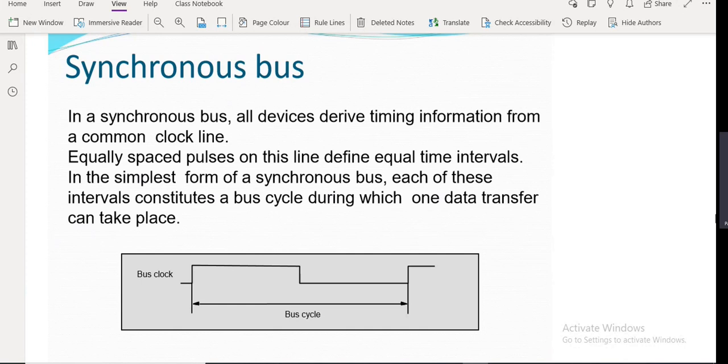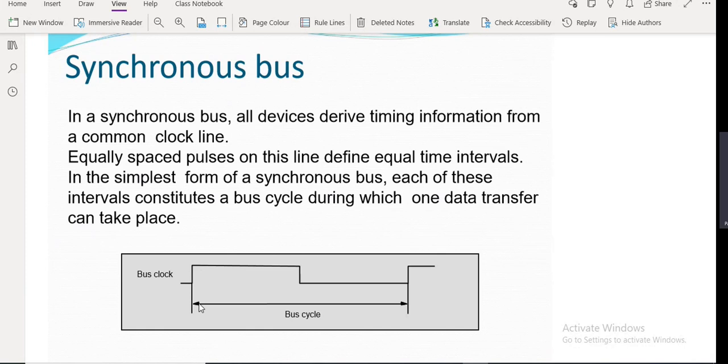Any operation in the system is going to take place according to the clock information. Yesterday I told, for every clock tick, some operation is going to take place. So now how to represent that clock information? For that you take the clock information where there is one positive cycle and one negative cycle. We call it a bus cycle.